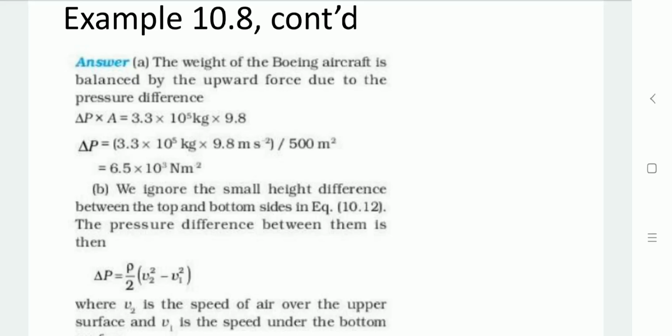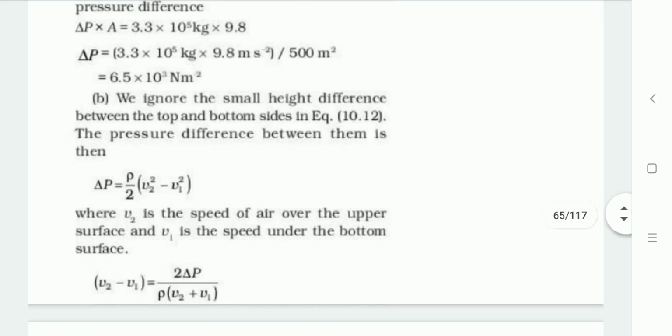Now, the next thing we need to calculate is the change in speed of the air. Here, the height difference between the top and the bottom side can be ignored. So the pressure difference ΔP, based on the kinetic energy variation, equals 1/2 ρ (V2² − V1²).